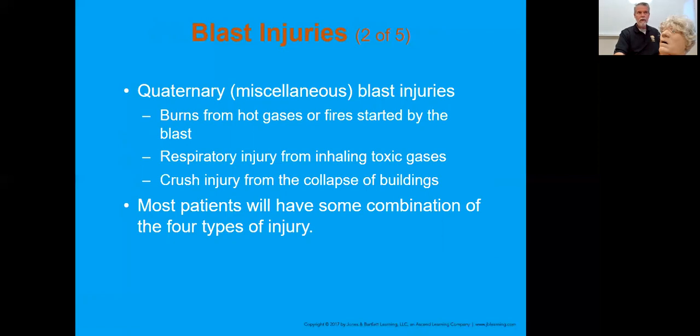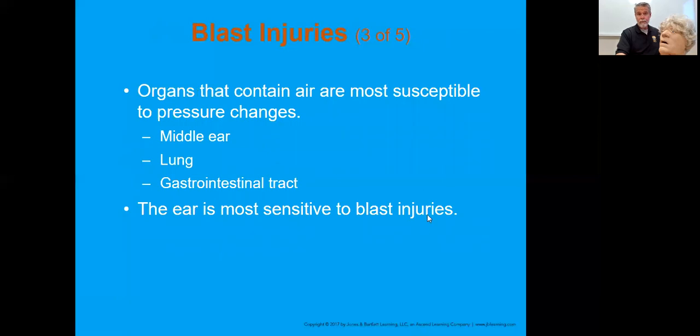But there are usually combinations, right? You won't typically have just one or two of these. Having all 4 types is not uncommon with a blast injury. The areas that are affected are a lot of times the middle ear, the lungs, and the GI tract, which are more susceptible to pressure changes. The ear, of course, and ringing in the ears or actually destroying the eardrum is certainly possible.